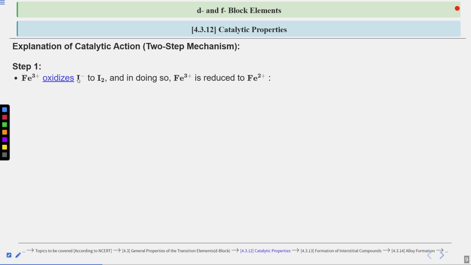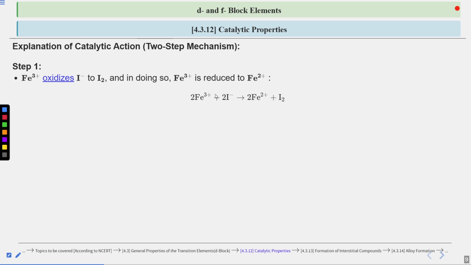So the oxidation state changes from -1 to 0, which means it is increasing, so it is an oxidation process. Iron 3+ oxidizes I- to the I2 molecule, and in doing so, the Fe3+ is itself reduced to Fe2+.